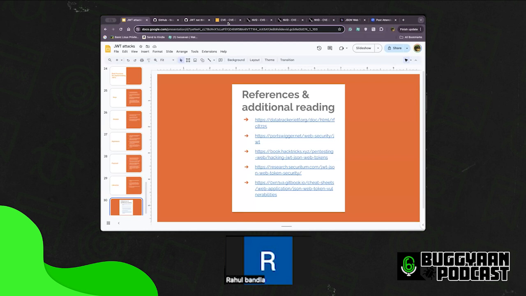You can remove the signature and try if it works. These are a few things you can try. And since the header is not using any other parameters, I don't think those other header injections would be of any use here. You can try playing around with the algorithm. Anything else?